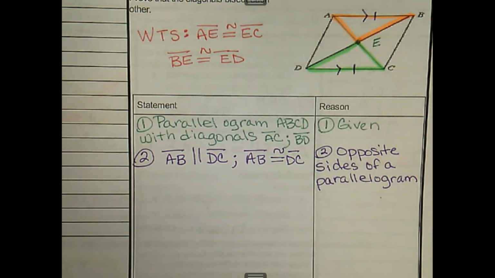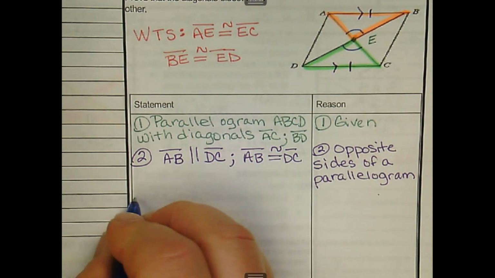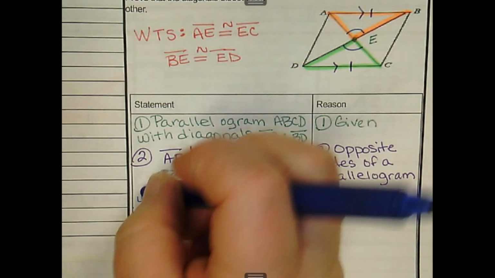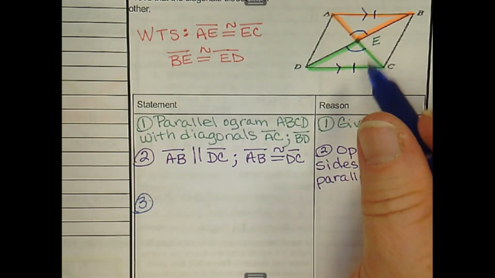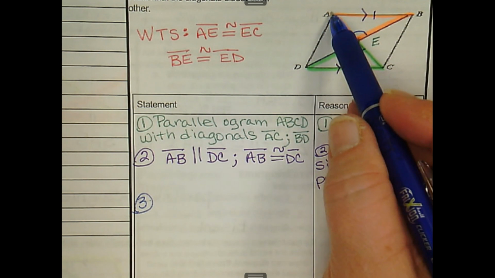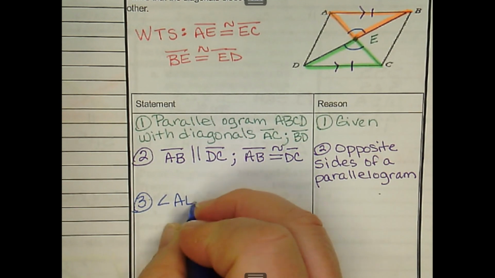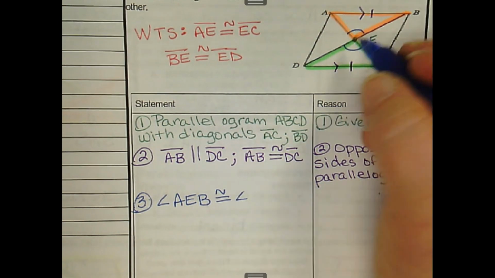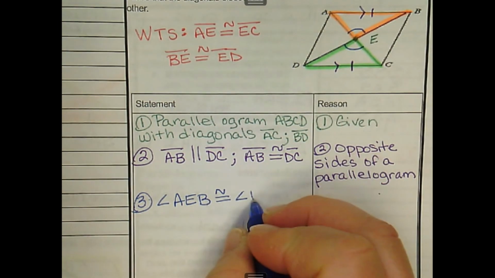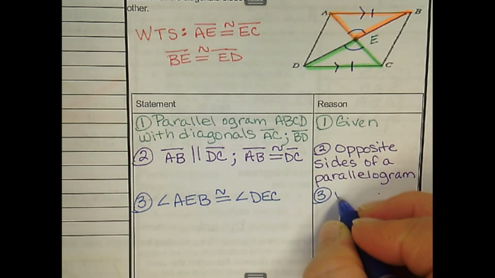That's what we're looking for. We know vertical angles are congruent. So we know both sides here are congruent. We know that angle AEB is congruent to angle DEC. Vertical angles.